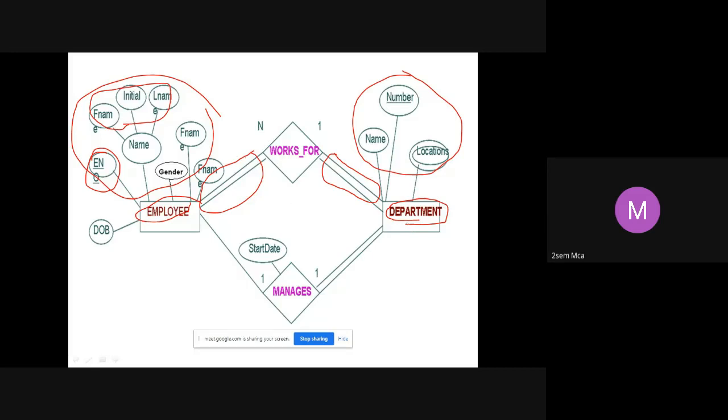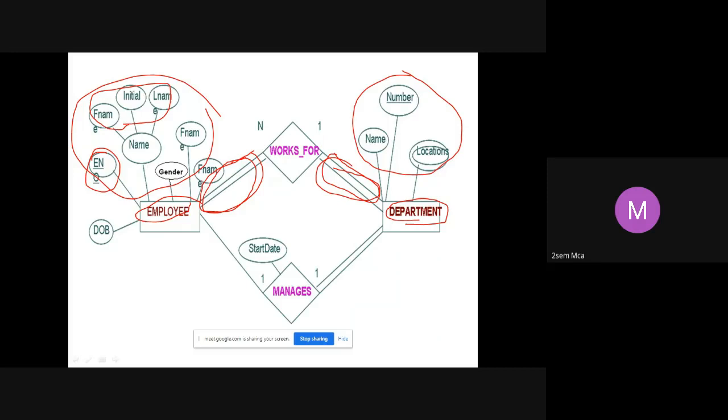That is why you have made this part a double line. Every employee should work for a particular department. Why have we made this part also a double line? Because every department should have some employees. You cannot have a department without any employees at all. That is why both sides we have shown as total participation.